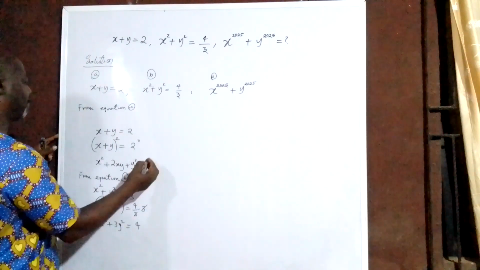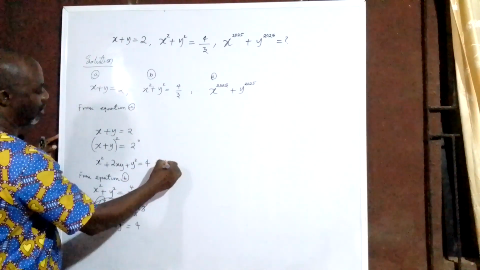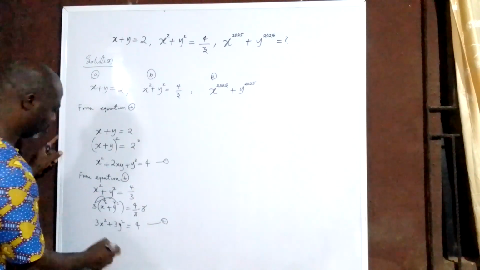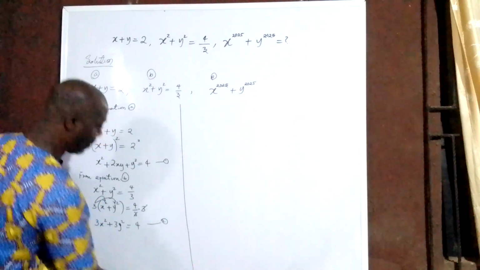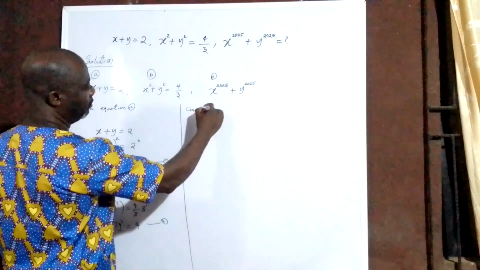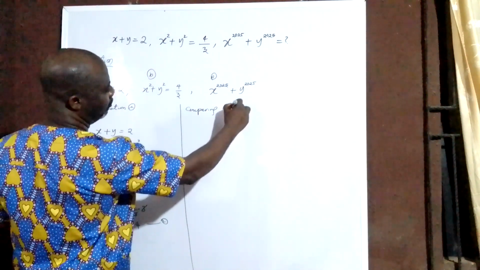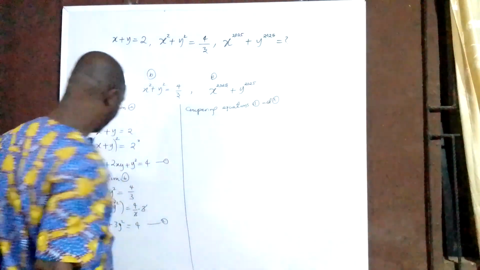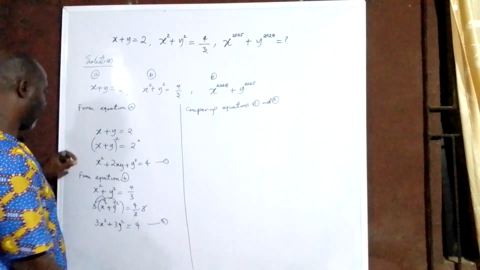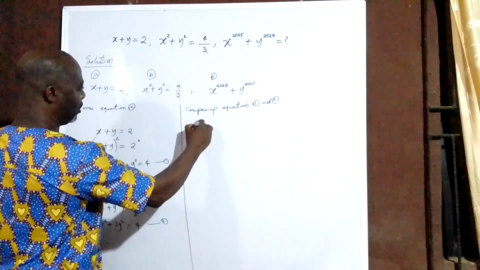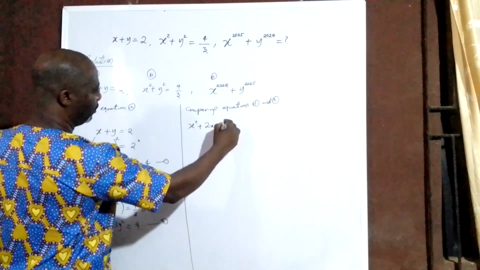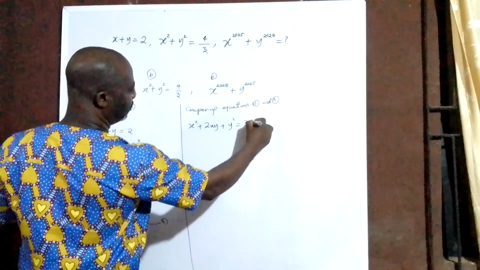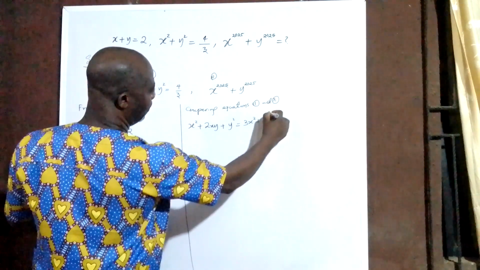Now if I call this equation 1 and this equation 2, comparing equations 1 and 2, I'm going to have x squared plus 2xy plus y squared equal to 3x squared plus 3y squared.